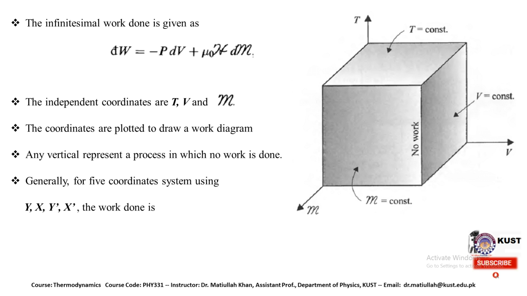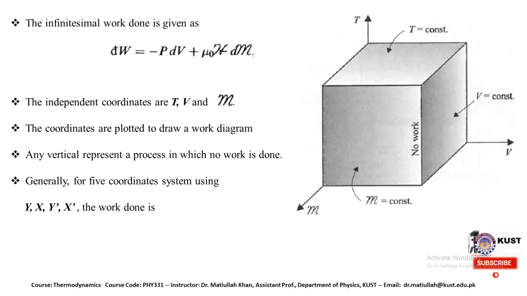We have constant temperature curves, that is in the vertical axis, and similarly we have constant volume curves, and we also have the same line like we had for the previous systems, in which no work is done. So generally the work done is equal to minus P dV plus mu naught H dM. This is general for this particular system of paramagnetic solids.